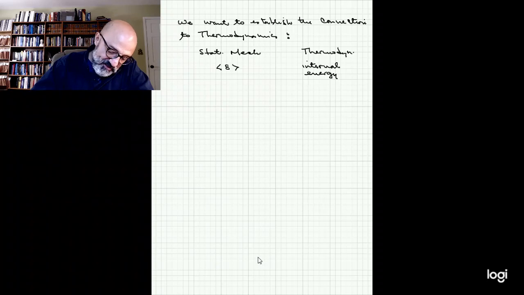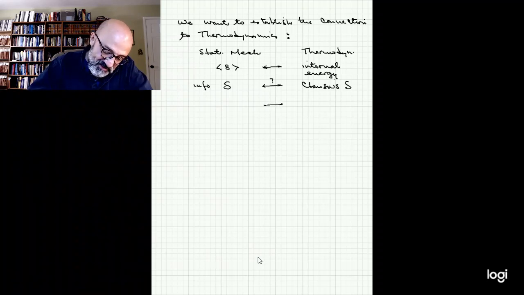We would like to also pursue the connection between the information entropy and the thermodynamic entropy, say the Clausius entropy. So the question is, how do we do that?